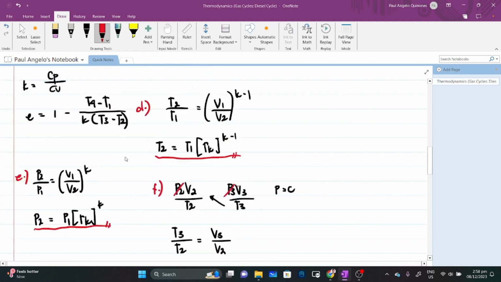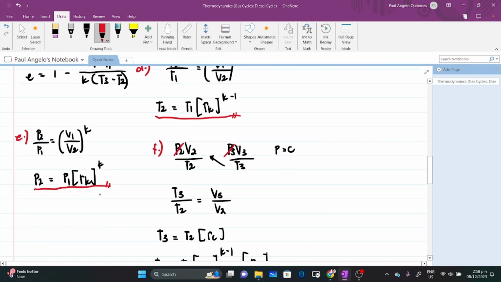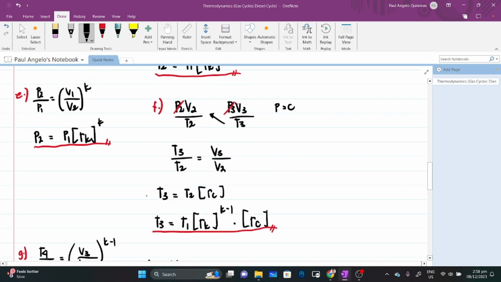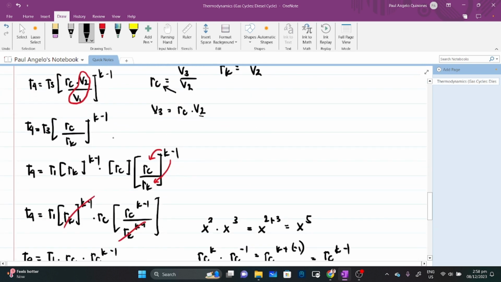Okay? So now, we've already solved for T4, T2, T3. So let's go back to our general equation. We have the efficiency is equal to 1 minus T4 minus T1 over K quantity T3 minus T2. So let's double check: T4 minus T1, K, T3, T2. Okay? So let's try to substitute one by one. T4 first.